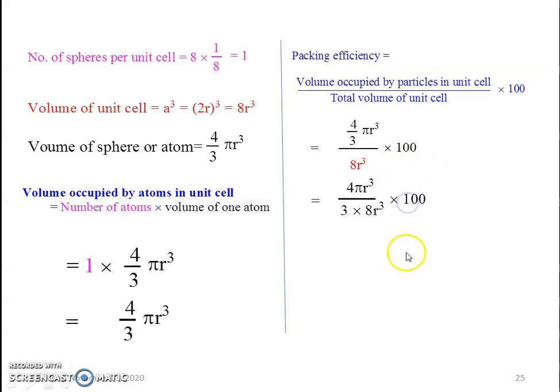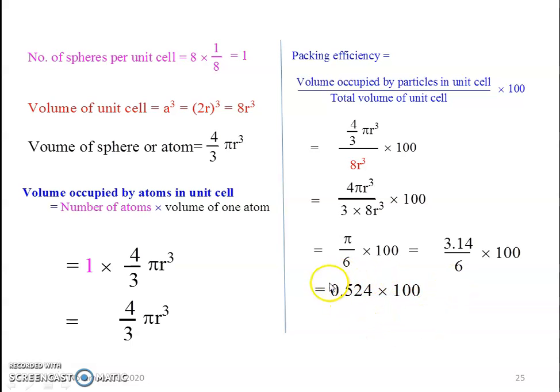When we simplify this, it comes to 4 pi r cube upon 3 into 8 r cube into 100. After simplification we get pi by 6 into 100. Now the value of pi is 3.14, so 3.14 upon 6 into 100.